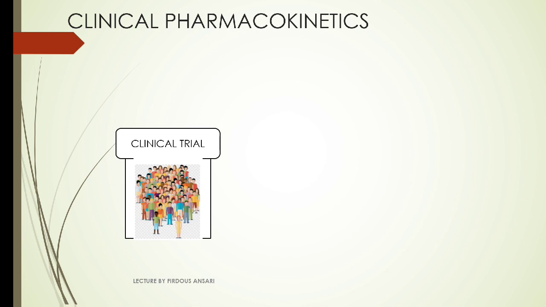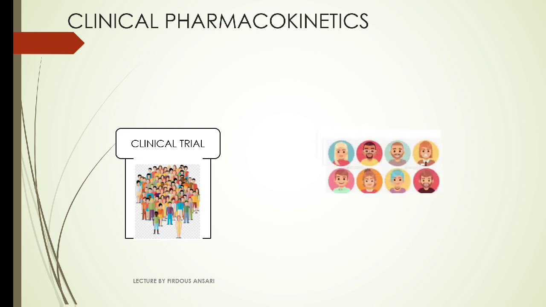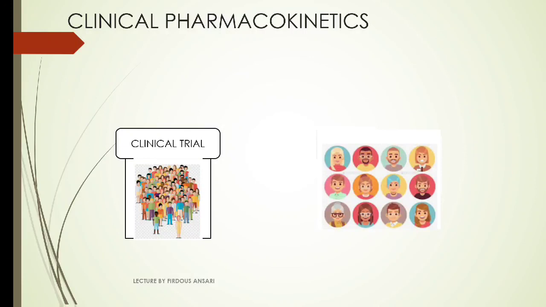However, intra- and inter-individual variations will frequently result in either a subtherapeutic response or a toxic response, which may then require adjustment of the dosing regimen. And why does this happen? This is due to individual patient needs, their disease condition and many more things. So dosage regimens may be modified for individual patients.